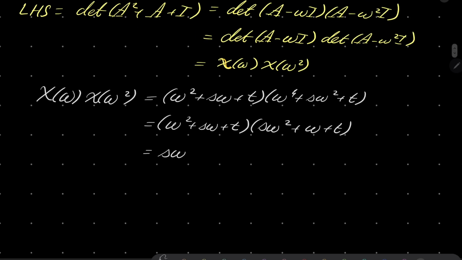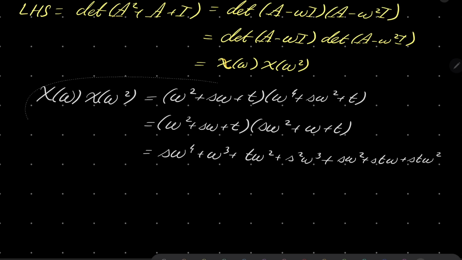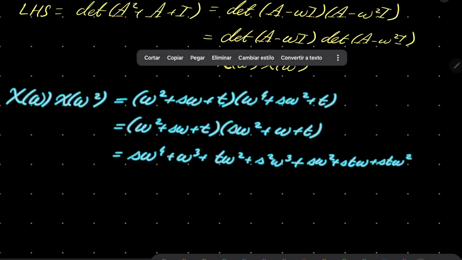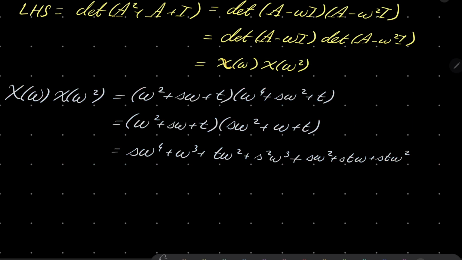So we have s omega to the 4th power plus omega cubed plus t omega squared plus s squared omega cubed plus s omega squared plus st omega plus st omega squared. Need some space. Perfect. What's left?